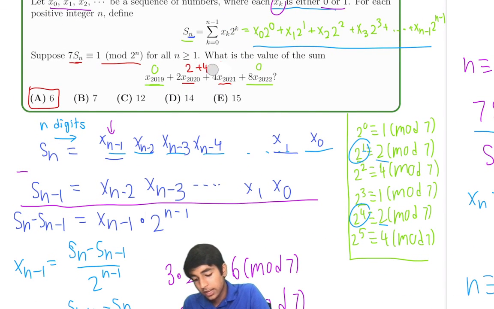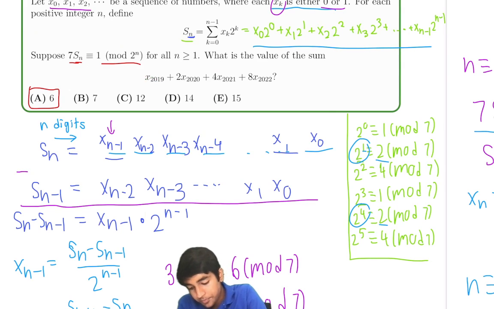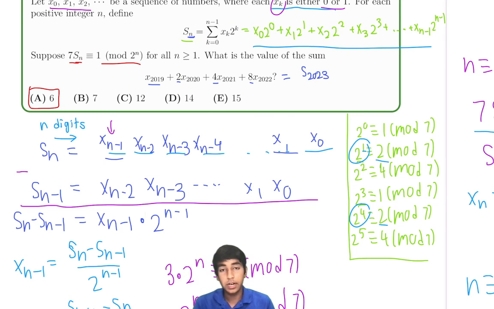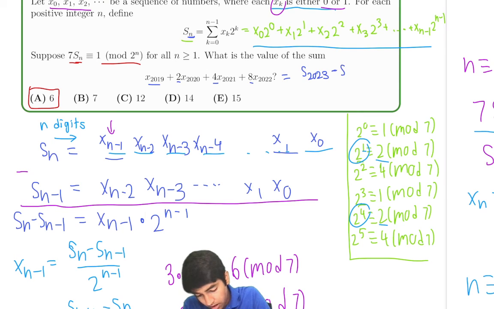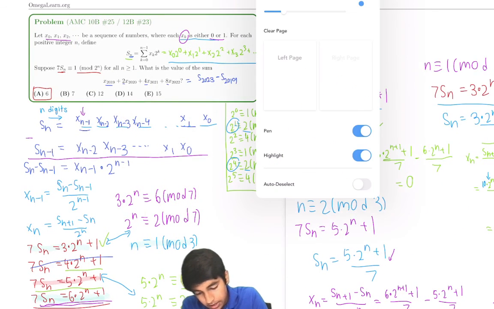Now, an alternative way of doing this is just to see that this is 1, 2, 4, 8. So this is just equal to s of 2023 minus s of 2019, right? Because if we rewrite it here, let's clear this page.